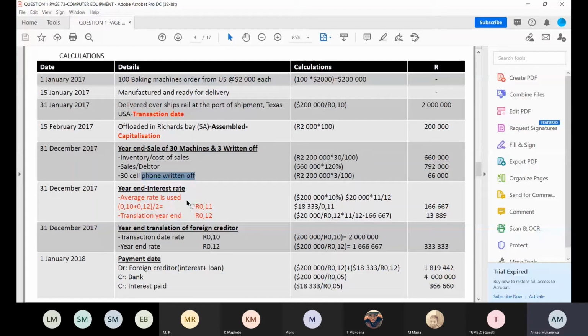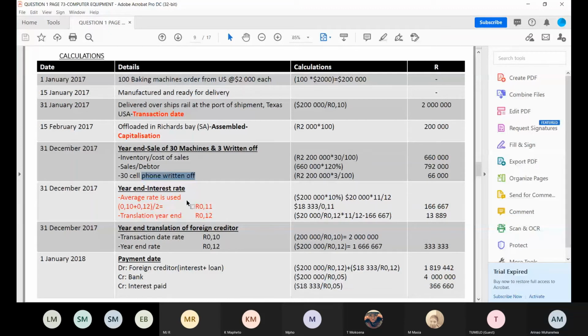Then we divide. If you go and multiply it, you'll get a bigger figure, and at the end, you won't get the correct amount. So rand to dollar. So we divide, then we get 2 million.